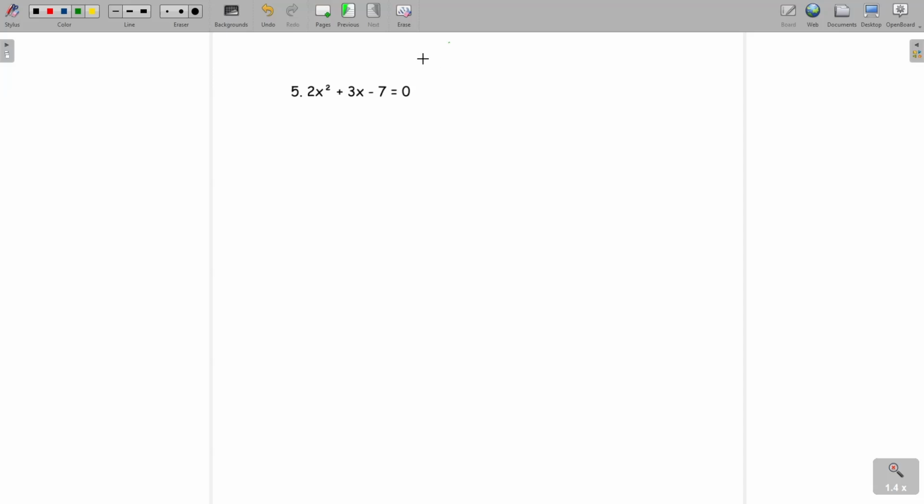So if you don't remember the quadratic formula, it is negative b plus or minus the square root of b squared minus 4ac, all divided by 2 times a, right? And remember, when we're in this quadratic form here, this is a, this is b, this is c.